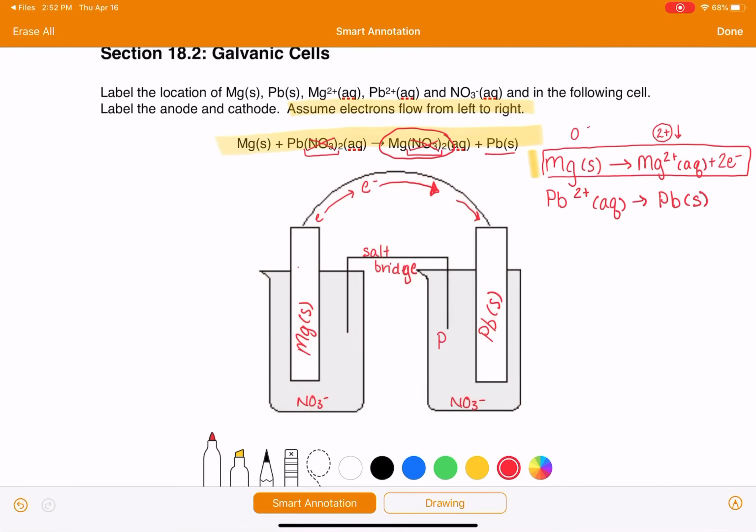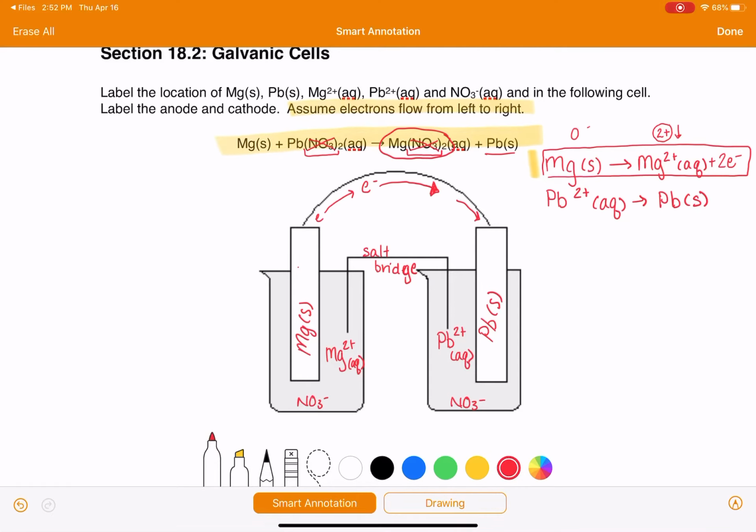In our solution, lead ions. In our other solution, magnesium ions. We're always matching the elements together. So on the left side, you're going to have all magnesium, and on the right side, you're going to have all lead. You're not going to have magnesium and lead mixing together on the left side or the right side. So that's it. That's the whole thing.